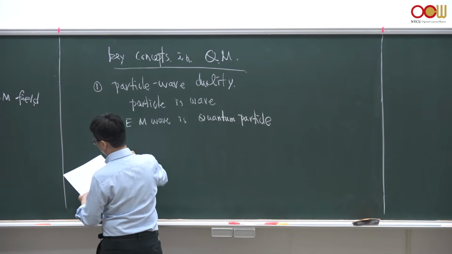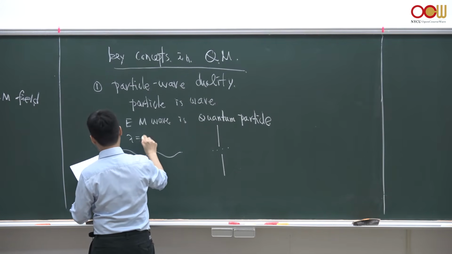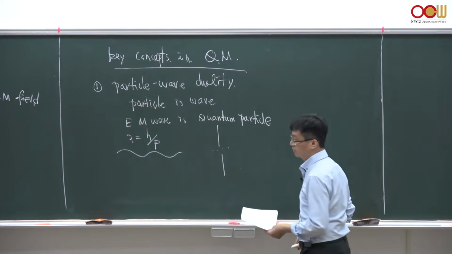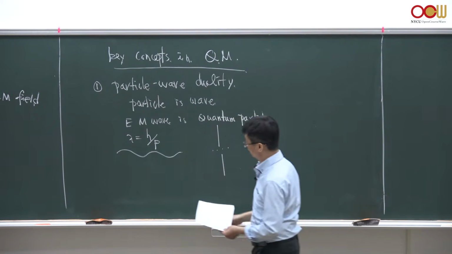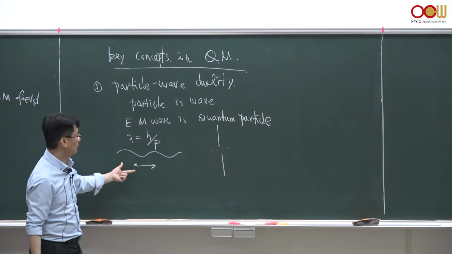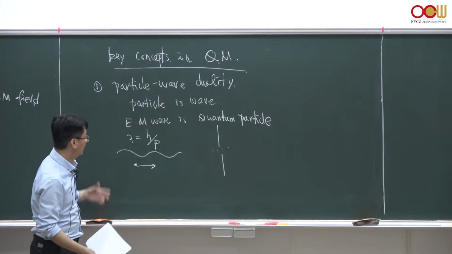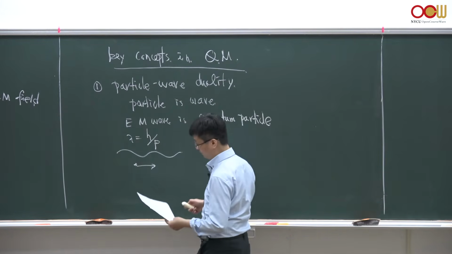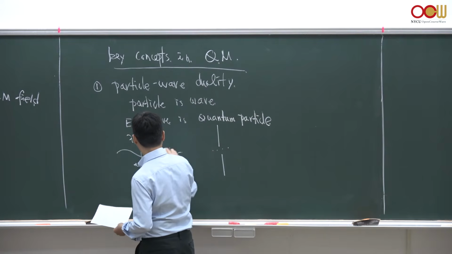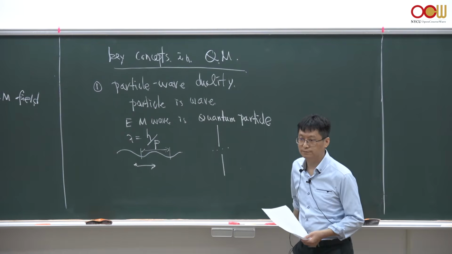And this is best illustrated in these two experiments or theoretical proposals. One is the de Broglie hypothesis, and later confirmed that indeed all quantum particles, even if they look like a particle, show wave-like features, which take the characteristic wavelength, which is the Planck constant h divided by the momentum p.